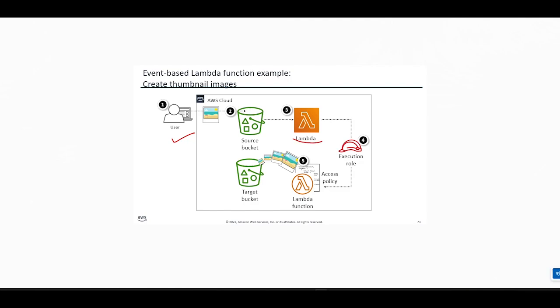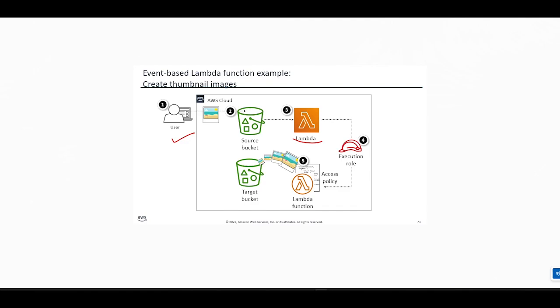If we have a proper execution role which has access to S3, like get object or maybe full access to S3 buckets, then we can not only run a function that we define in Lambda, but also return and store our modified images in S3 again.